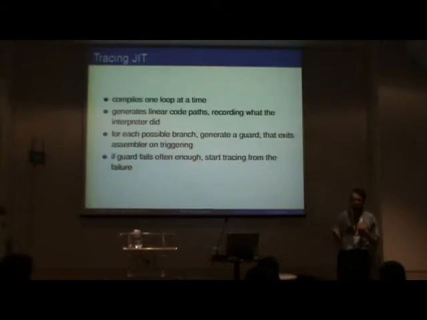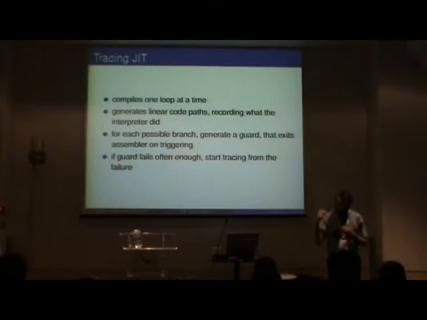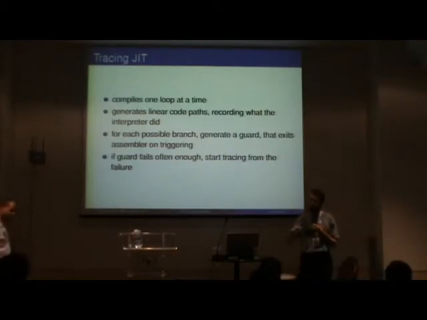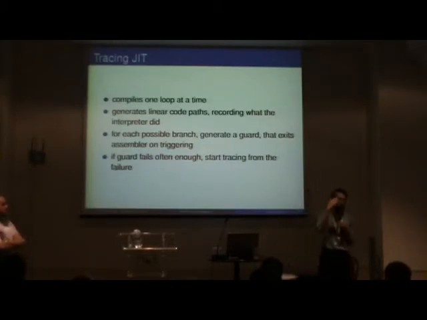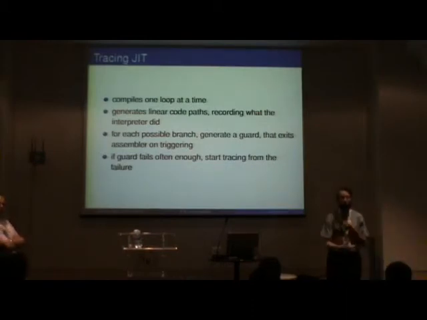So what it does is it asks the original interpreter to run in a special mode in which we do both interpretation and tracing, which means we record everything that the interpreter does. So we run in this mode for one iteration of the loop only, and then we get a list of operations that were done by the interpreter for running this particular loop in your program.